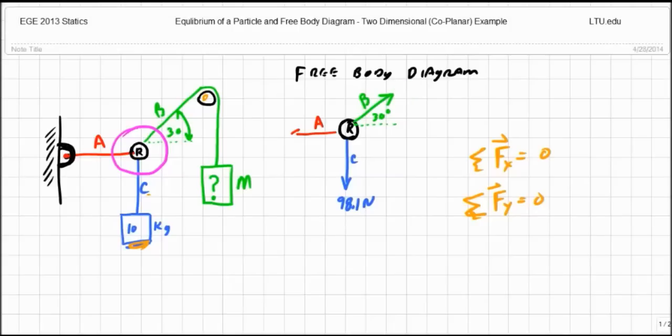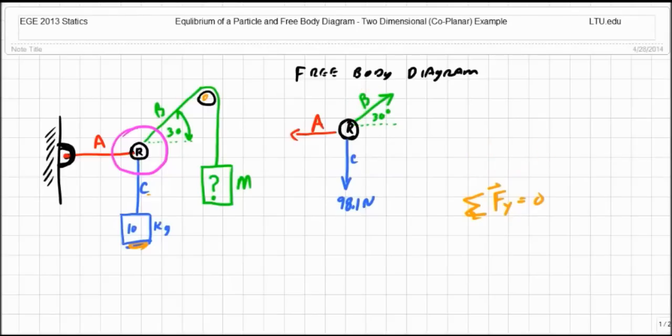I had my answers already written because I'm re-recording this because I hit a bug in the last one. Looking at the free body diagram, I have 2 unknowns and 2 equations, so this should be nicely solvable, right?